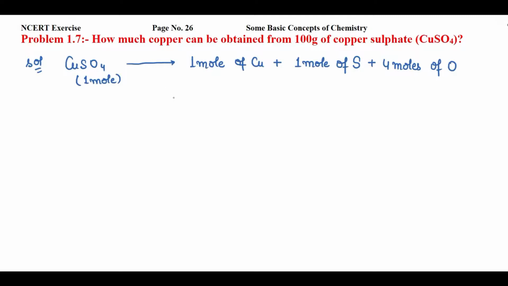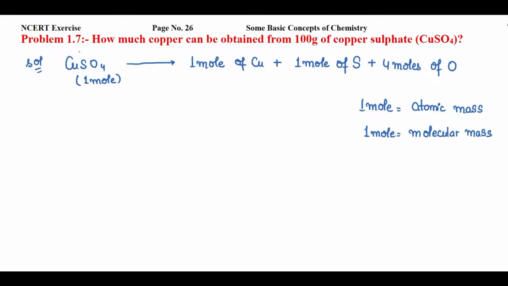So in this question we will apply the relationship between 1 mole and atomic mass as well as 1 mole and molecular mass, or you can also say molar mass.